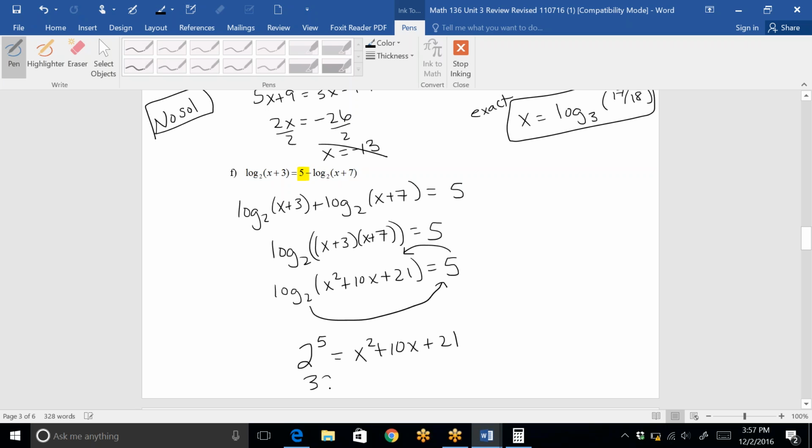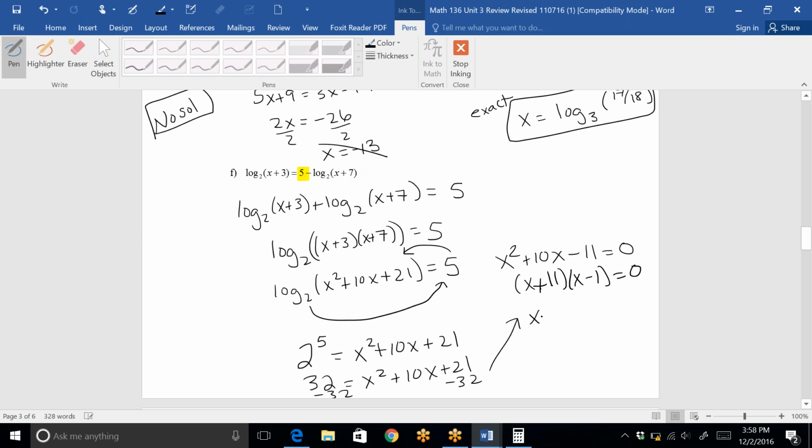So 2 to the 5th is 32. And since we have a quadratic, I'm going to subtract the 32 over. So I get x squared plus 10x minus 11 equals 0. Factor that into x plus 11 and x minus 1. Solve those, we get negative 11 and positive 1.